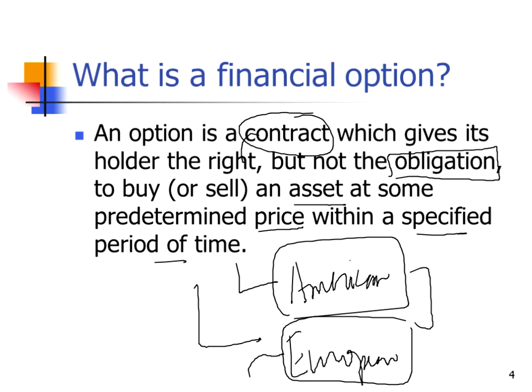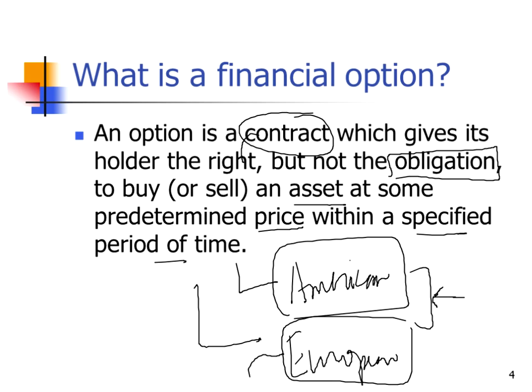If in Europe I bought a share for any company, it will be specified that we can only sell this. No, it's not the share, it's the option. You're not buying the share, you're buying the option to buy the share. So you're buying the right to buy the share.